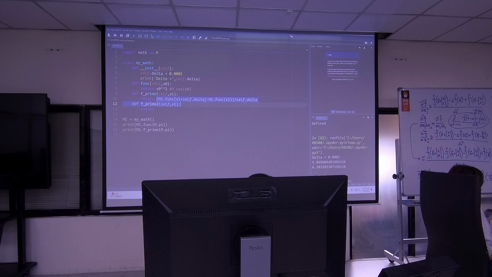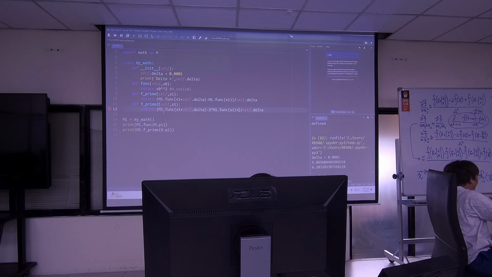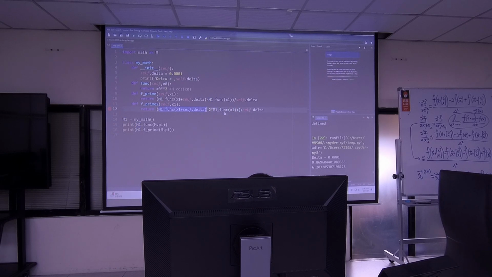So similar to f prime, but this time you need to minus 2 times f of x plus another term, but over here minus delta.